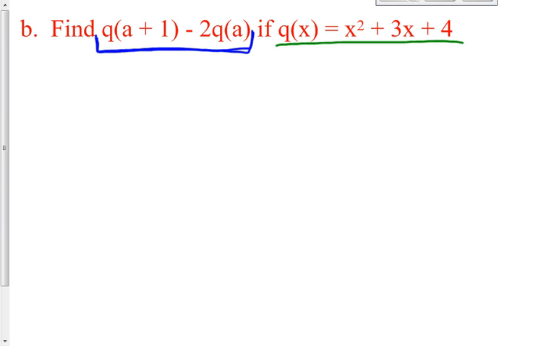So this letter B is kind of two problems in one. You're going to evaluate q of a plus 1. You're going to evaluate q of a, multiply it by a negative 2, and then you're going to combine like terms. I could see your confusion or your frustration, so let's take this one step at a time.